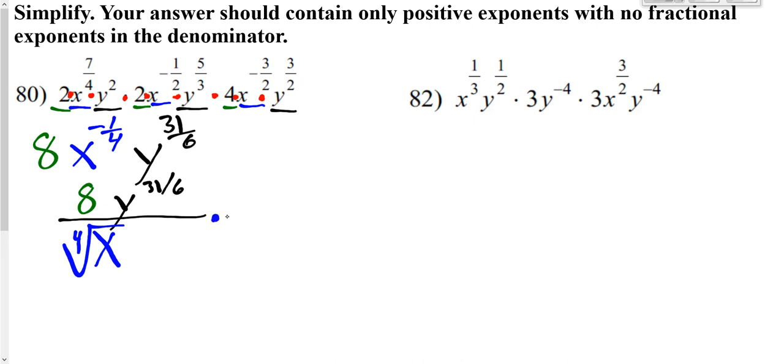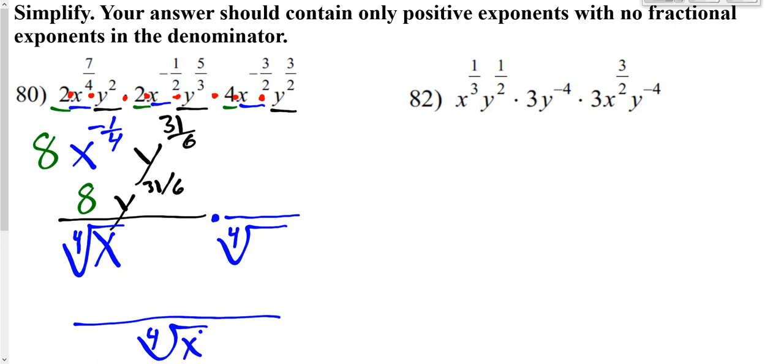Then you have to multiply by a special form of 1. Remember, that would be the fourth root of something, so that we can end up getting the fourth root of an x to the fourth, because we want our index in front to match our exponent. So that would have to be then an x cubed. So our x to the first times an x cubed gives us our x to the fourth.